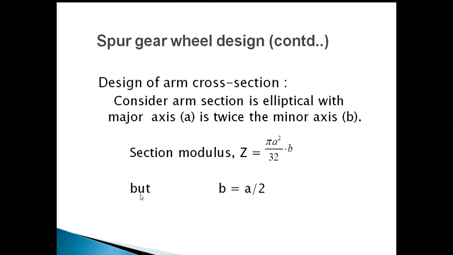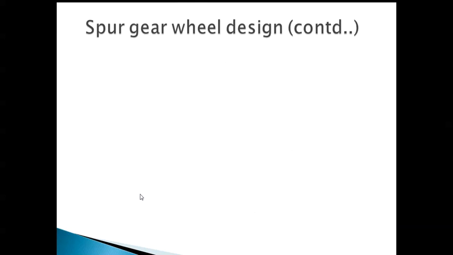When you substitute the B value in the above equation, Z equals pi into A cube by 64. So the section modulus for the elliptical section, where the major axis is twice the minor axis, is Z equals pi into A cube by 64.